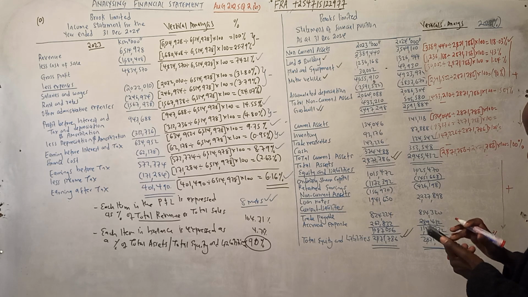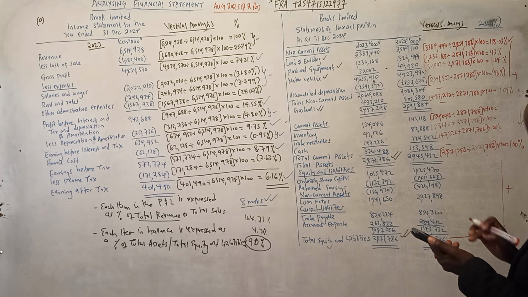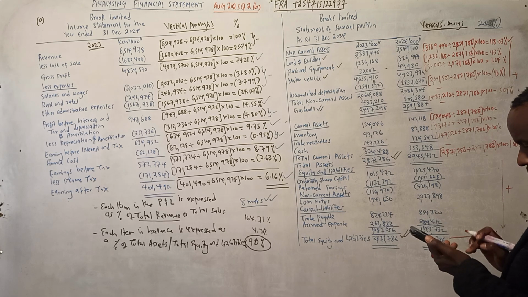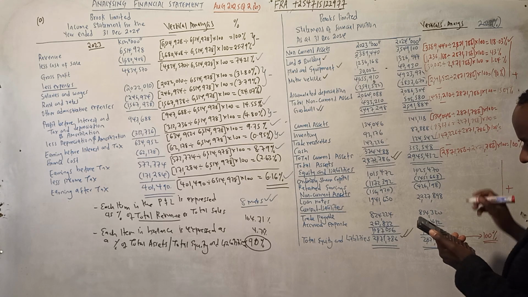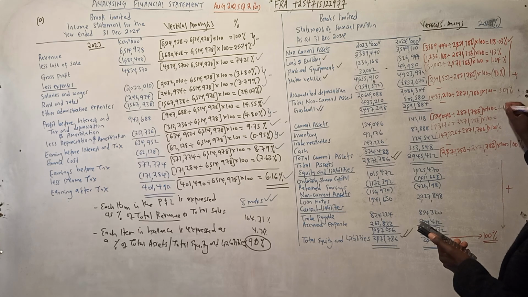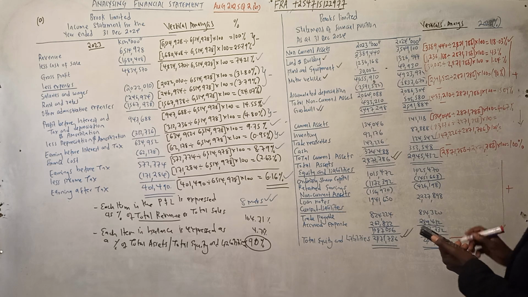Then 134 046 divided by 2871 786 times 100, 4.67%.